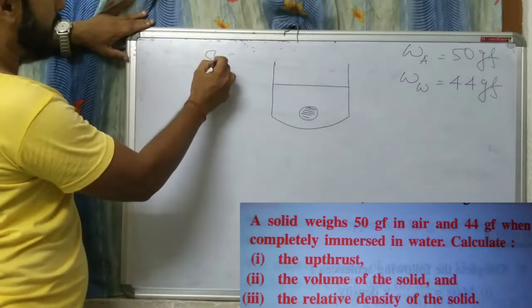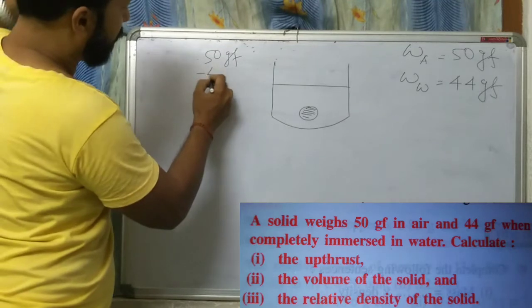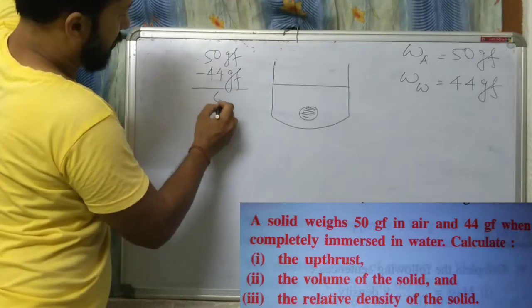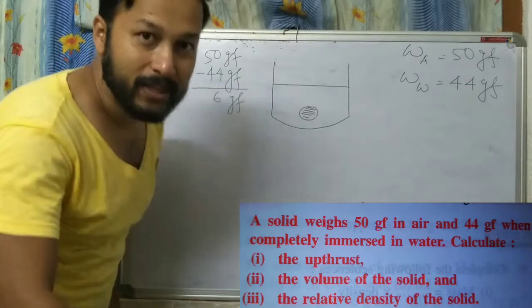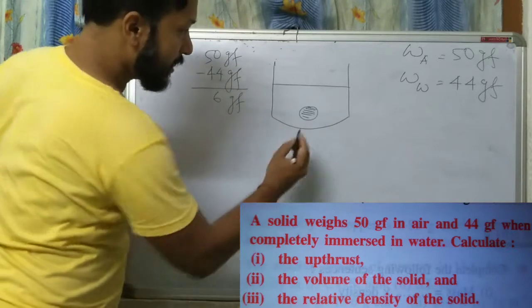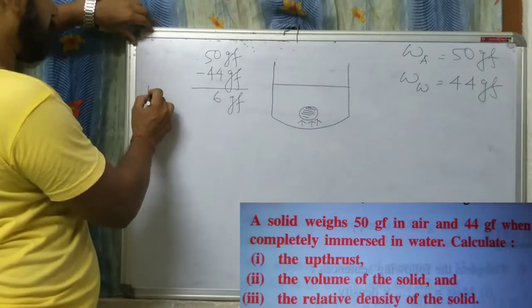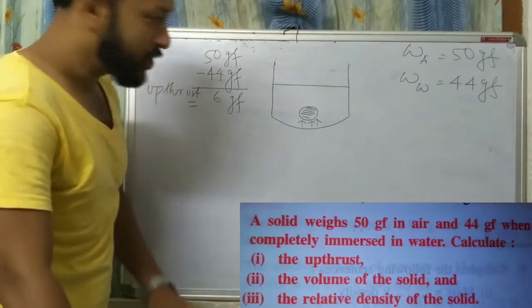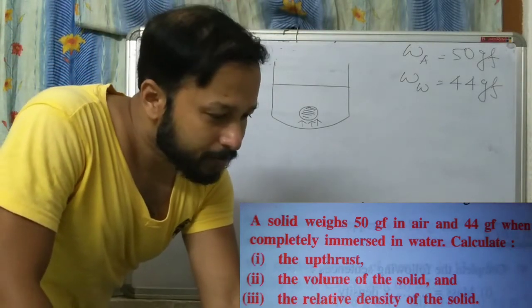Weight reduced is 50 gf minus 44 gf, that is 6 gf. This 6 gf is the upthrust. So upthrust is equal to 6 gf.